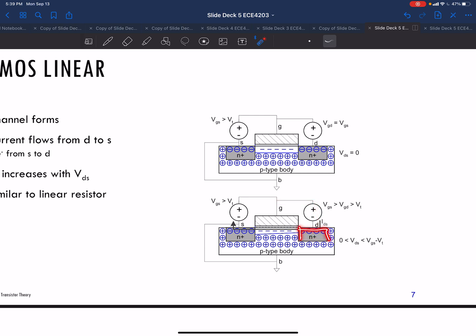If the drain is at a higher voltage, meaning it's closer in voltage to the gate voltage, there's less of a potential difference here, less of an electric field than there would be over here.